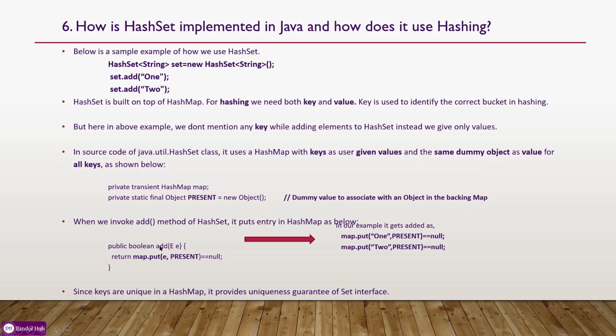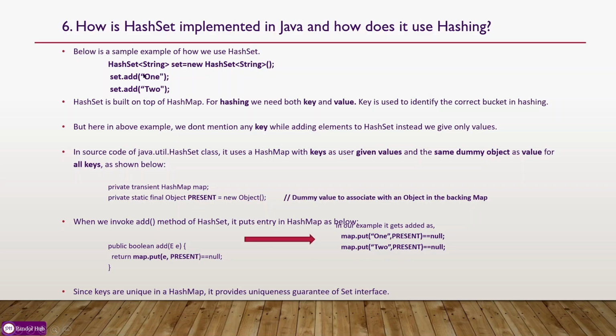Inside the add, inside the map, it just puts the user given value as a key, followed by the dummy object, present, which it has inside this class, as a value.